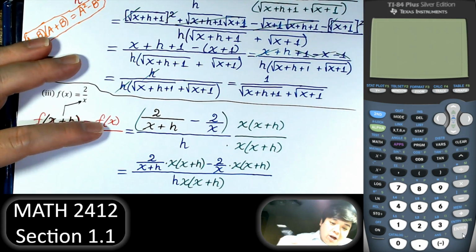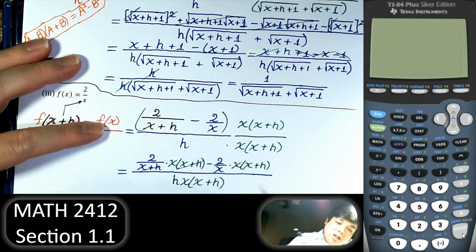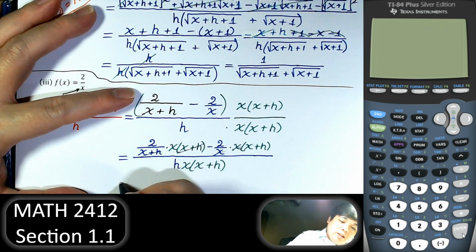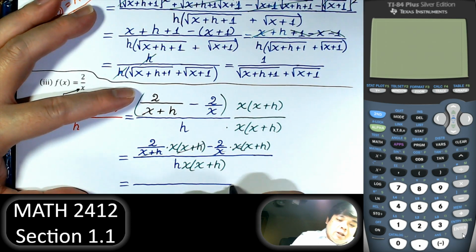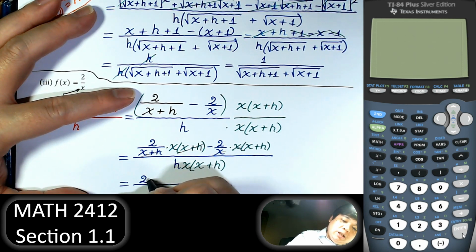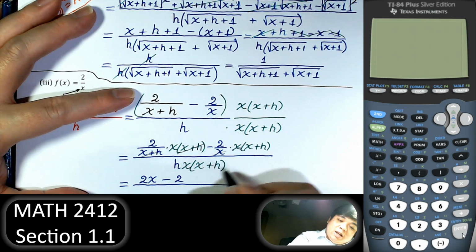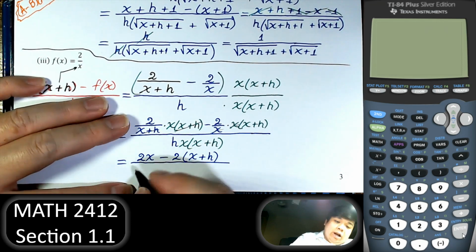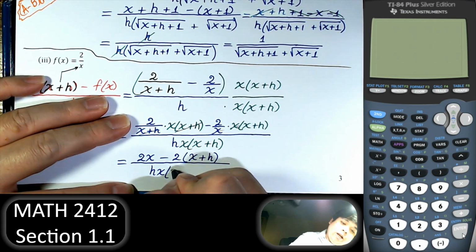When we multiply, the x plus h and x plus h cancel, and the x here cancels with this x. So we just have 2x minus 2, and then that cancels out, we have x plus h all over hx, x plus h.